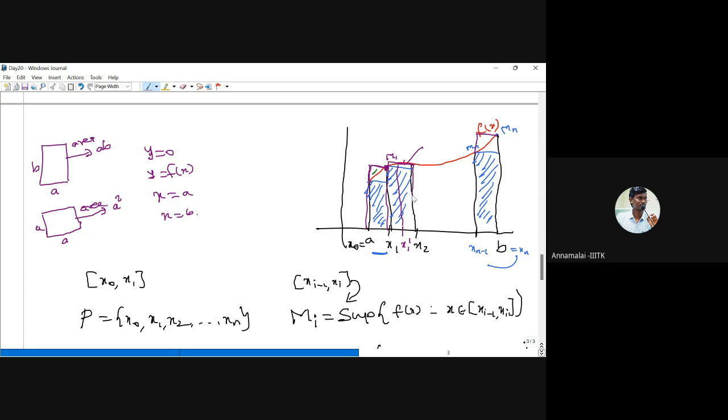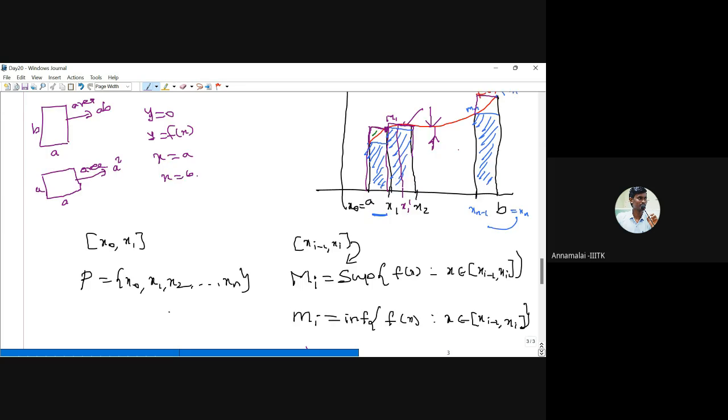So if you increase the number of points in the partition, the upper sum reduces toward the curve and the lower sum increases. Therefore, they will meet at some point.